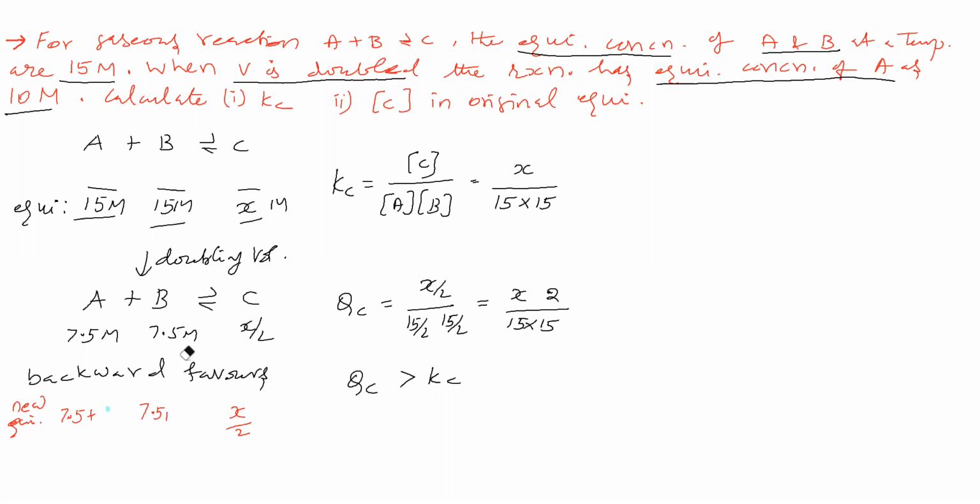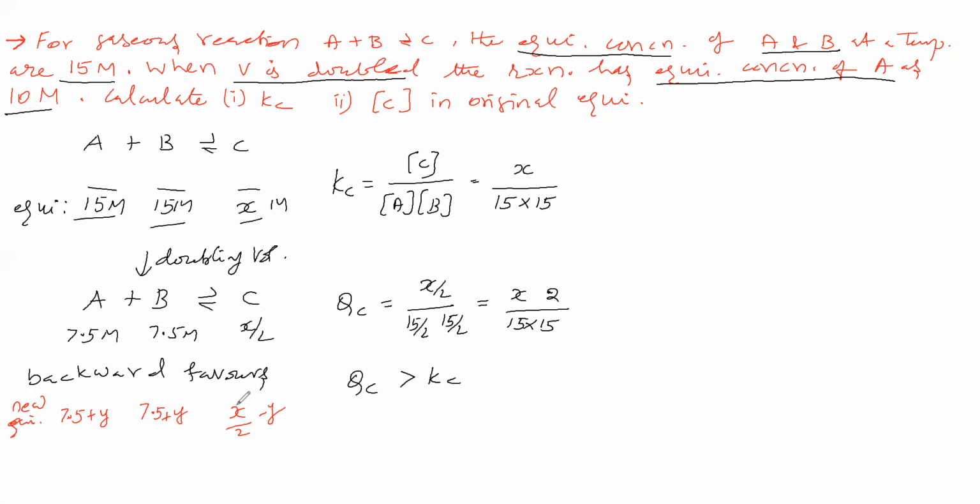Suppose we take Y. Here X by 2 we have taken, and Y is disappearing. Backward is favoring, in the sense C will disappear, by Y. Therefore A is formed by Y, B is formed by Y. The system is now at the new equilibrium.